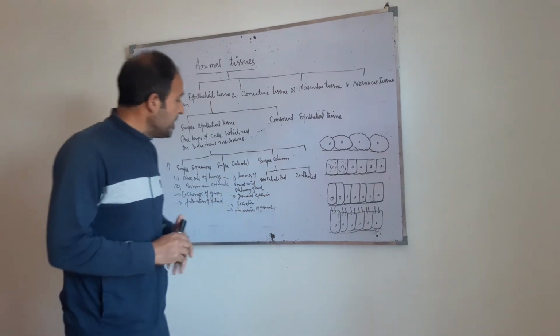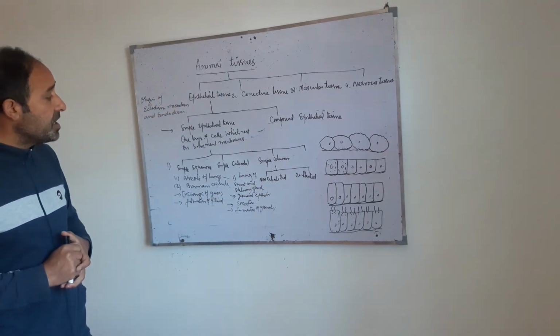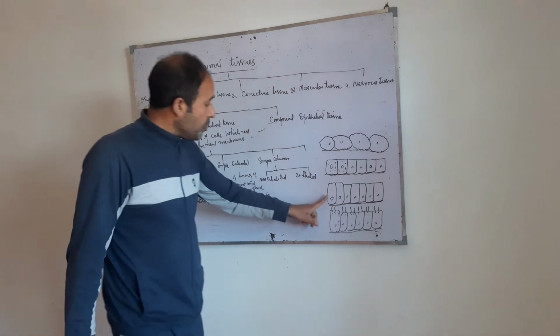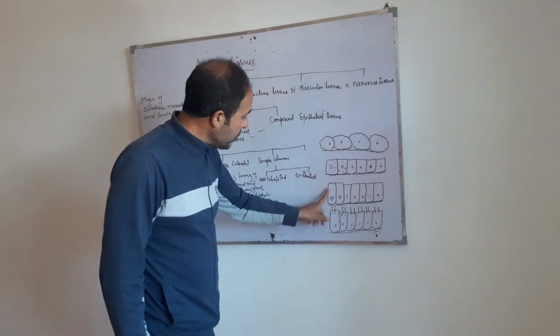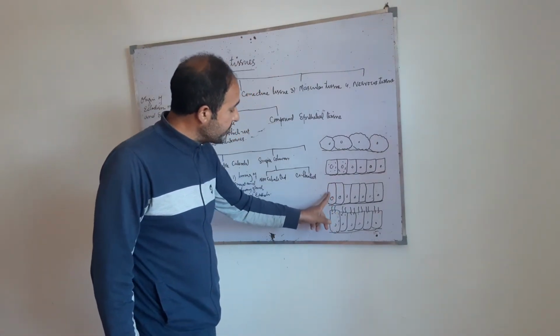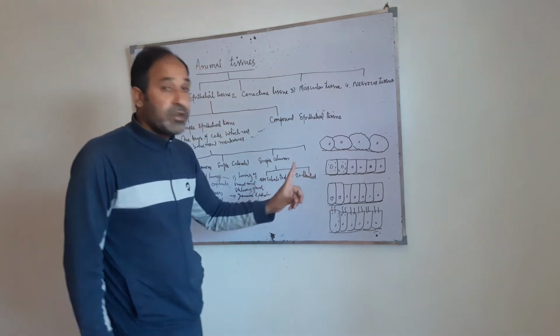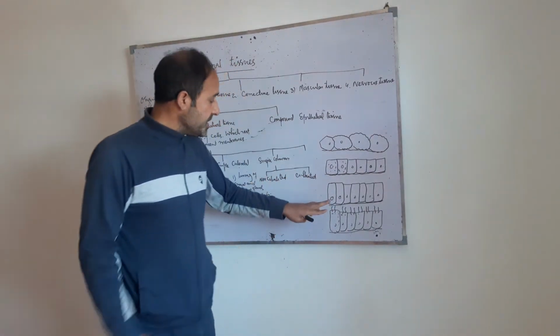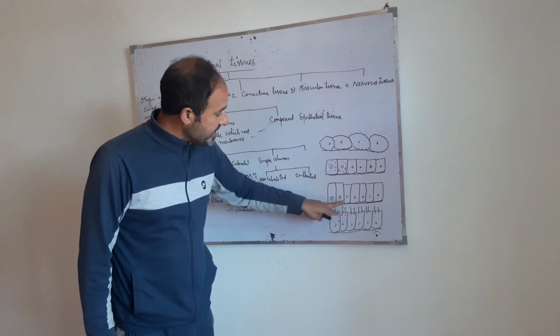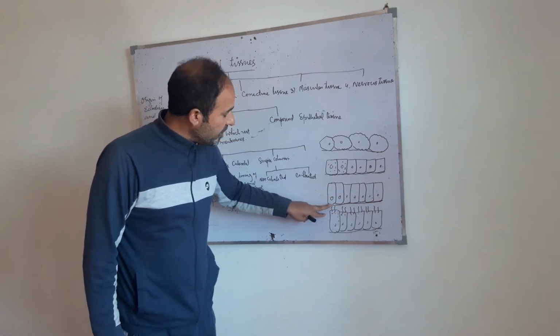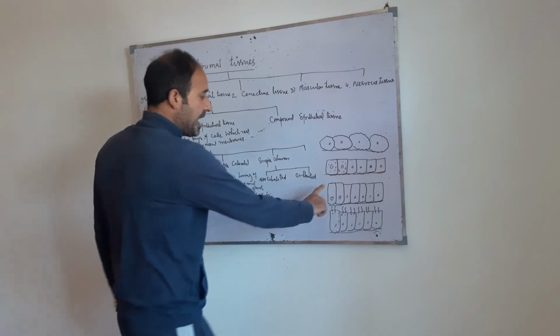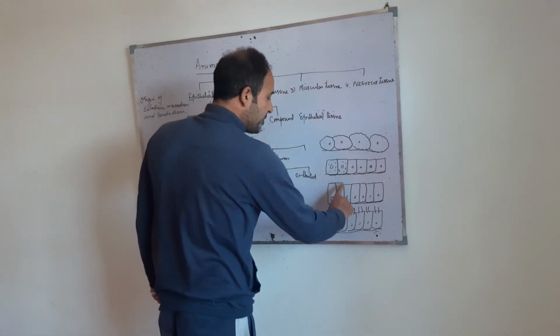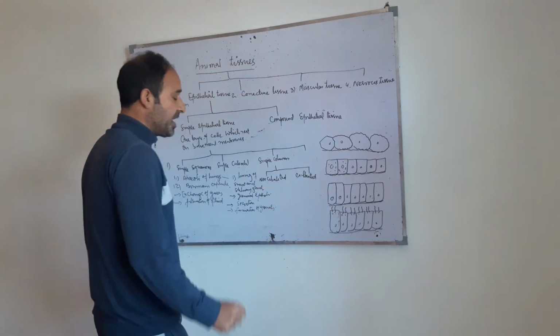Then the third is simple columnar epithelium. It has cells that are taller than wide, and the nucleus rests at the base of the cell. All these cells rest on the basement membrane. Columnar epithelium without cilia is called simple columnar epithelium.